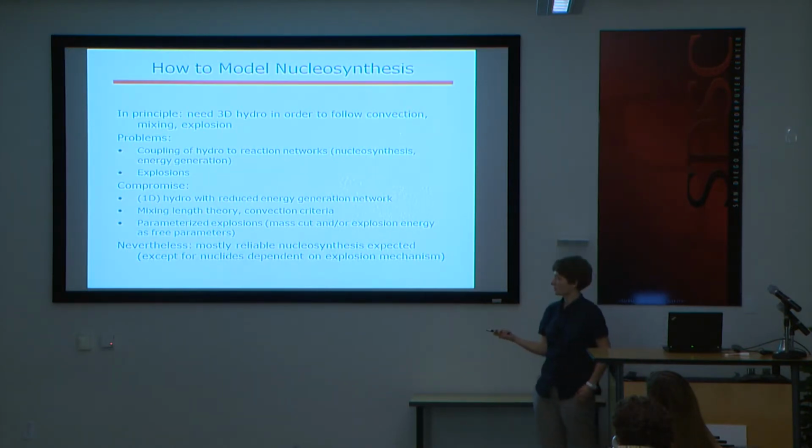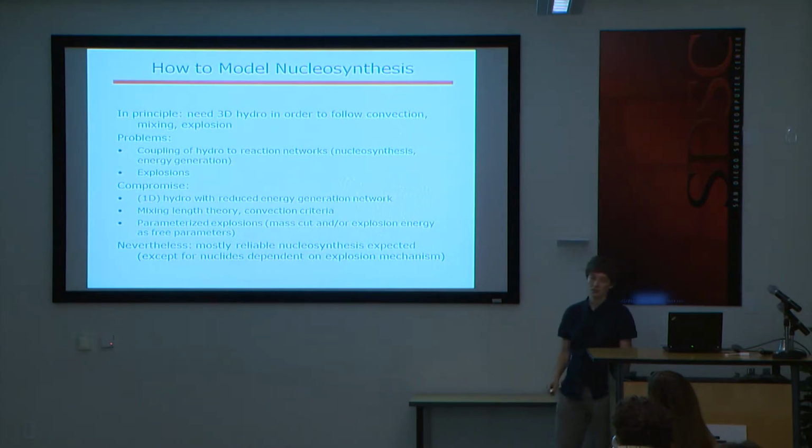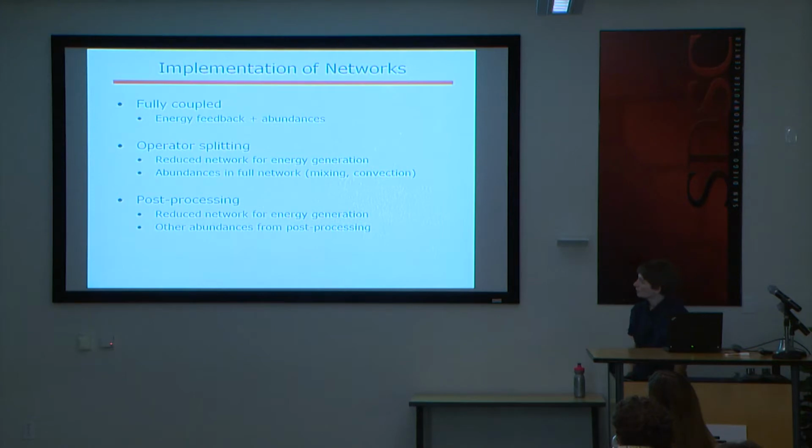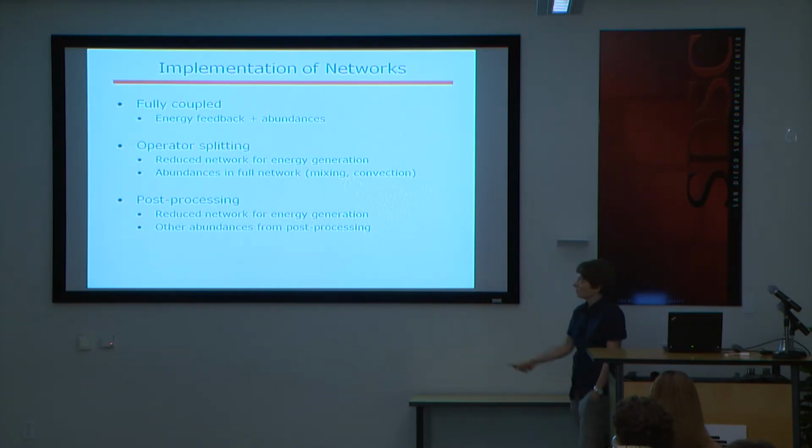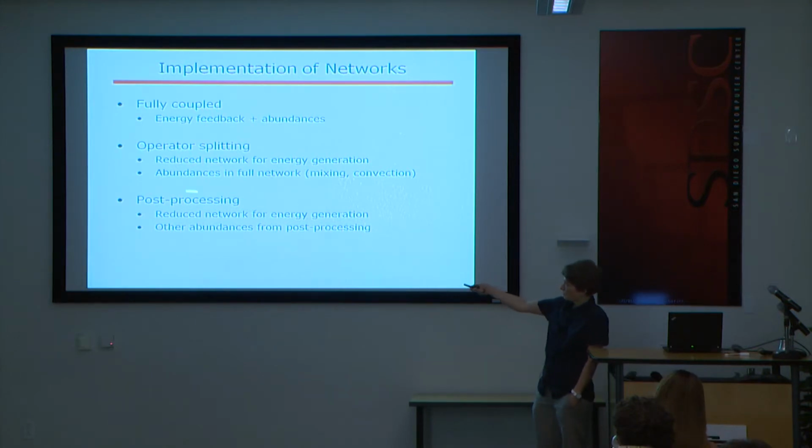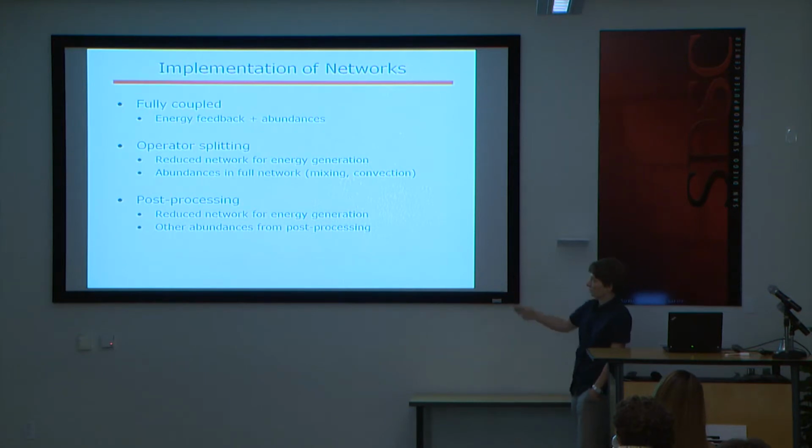And then in a second step, we use the temperature density evolution from the hydro simulations and recalculate the full nucleosynthesis with a network where we follow all the species we're interested in. So from an ideal world of fully coupled hydro and abundances, a lot of the research I do is a post-processing approach, where you do the hydro simulations with just the reactions that are relevant for energy generation.